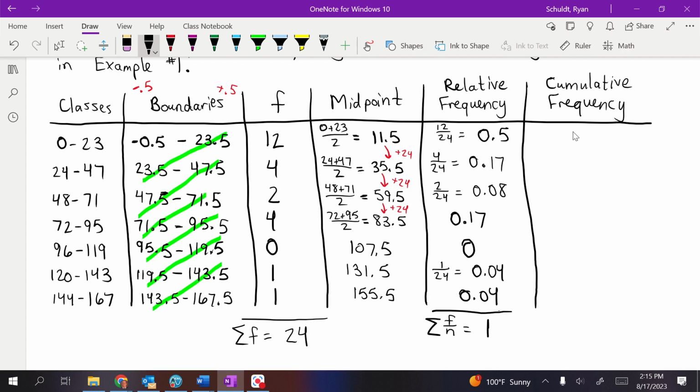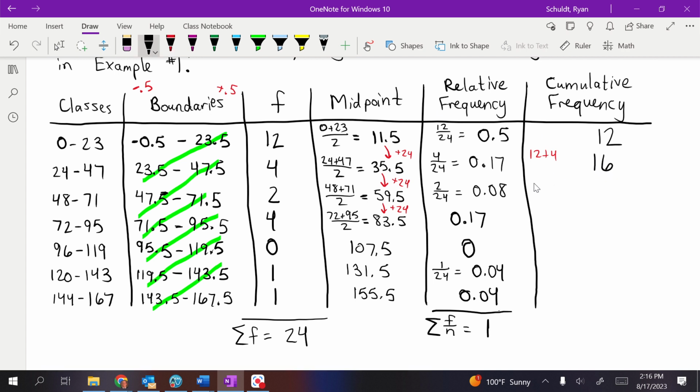Now, cumulative frequency. This is like a running total. So, in this first class, my cumulative frequency would just be my frequency. 12. For the next one, it's a running total. So now I have to do 12 plus 4, which gets me 16.